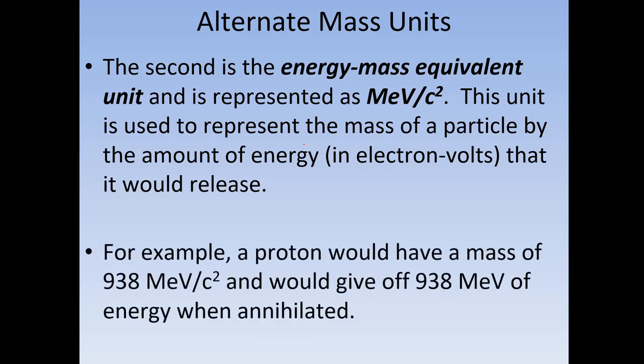So we would say that protons have a mass of 938 mega electron volts per c squared. This basically means that we would get 938 mega electron volts when it gets annihilated. So that's kind of the main gist and thing that we like about this unit, is that it can be used in conjunction with the E equals mc squared very, very easily.